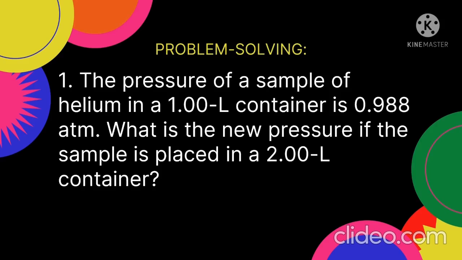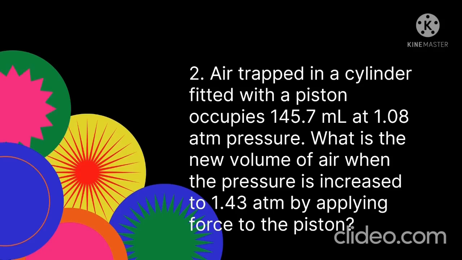What is the new pressure if the sample is placed in a 2.00 liter container? Number two, air trapped in a cylinder fitted with a piston occupies 145.7 mL at 1.08 atmospheric pressure. What is the new volume or V2 of air? The pressure is increased to 1.43 atmospheres by applying force to the piston.